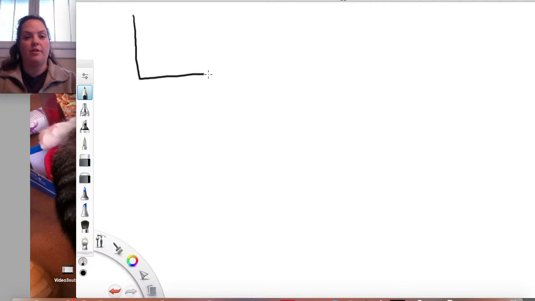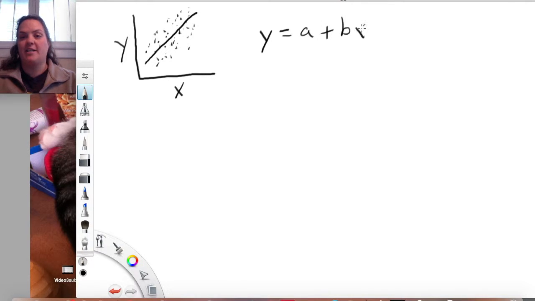So let me just draw this to keep it in the back of our minds. Regressing Y on X, and we'd have a smattering of points to which we fit a line. Let me draw some more up here since I drew that line a little too high. So the basic formula for a linear regression is simply y equals a plus bx. And this is something I'm sure all of you are used to seeing. So what did these mean?